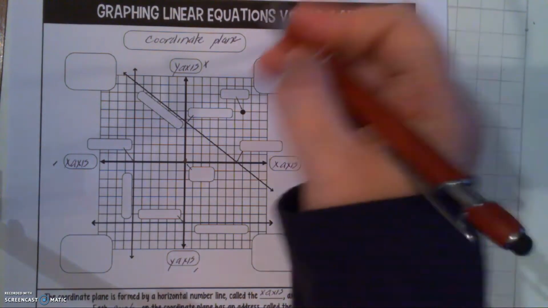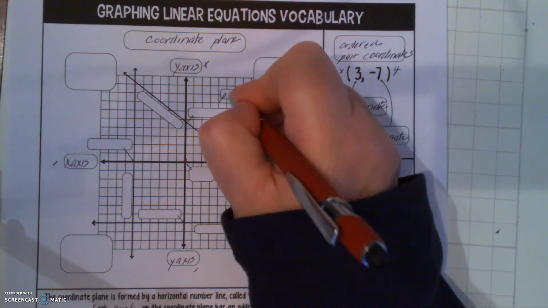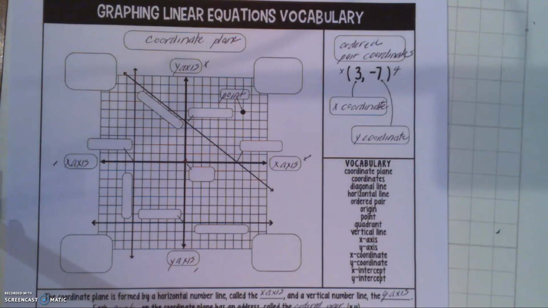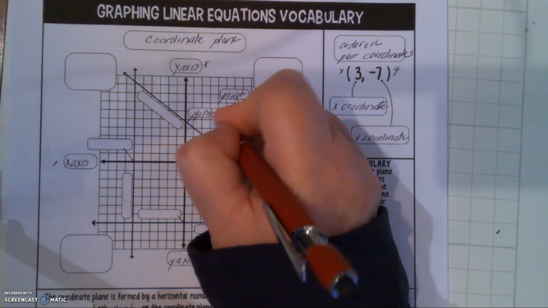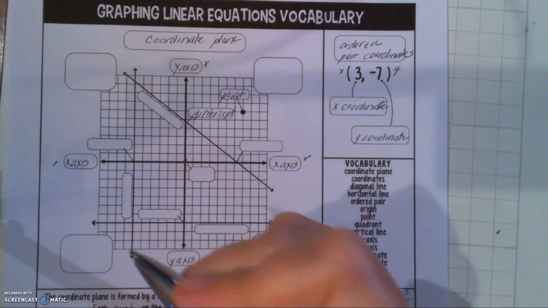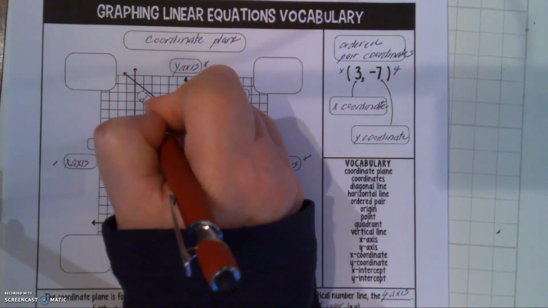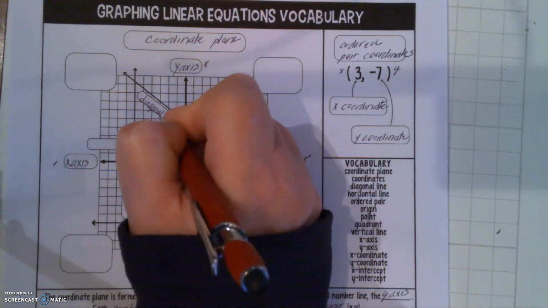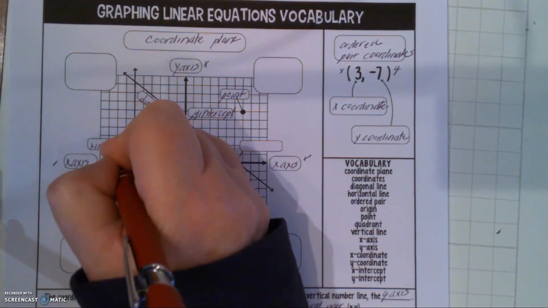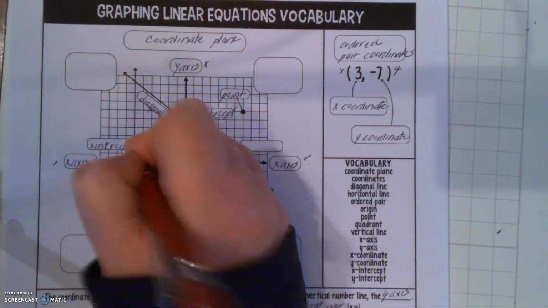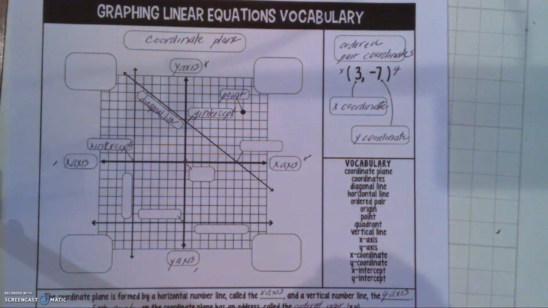Okay, so then this would be called a point. This is where the intercept is, it's a y-intercept, and this is a term we will go over more fully. Diagonal line, x-intercept, and again, that's another term we're going to go more fully in depth.